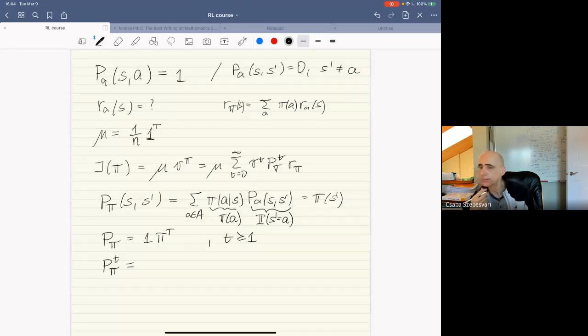After 1 step, which is pi. After 2 steps, okay, what is it?